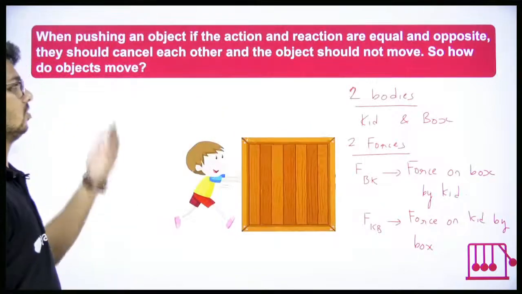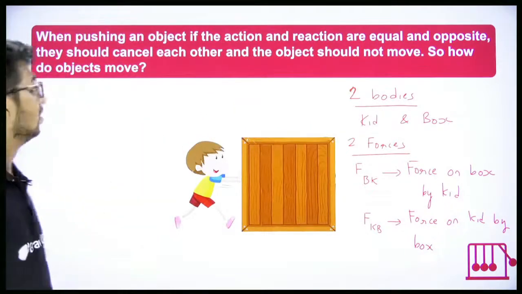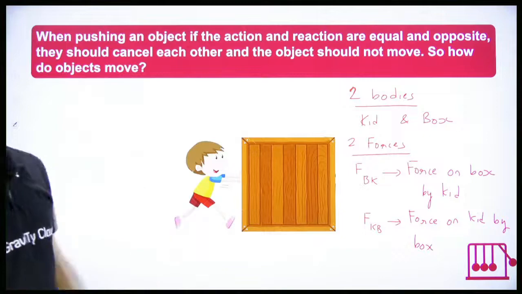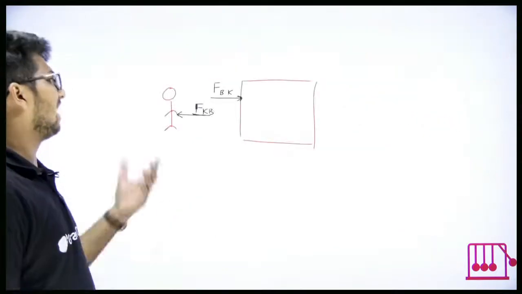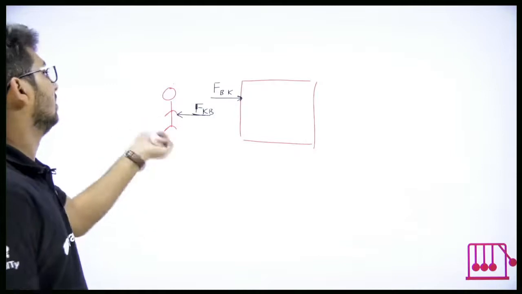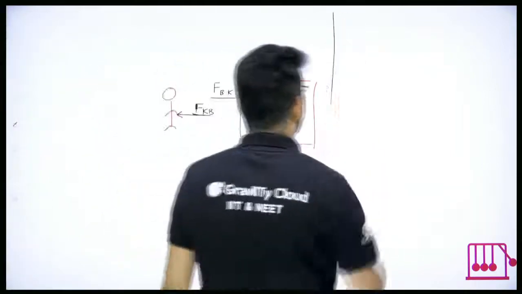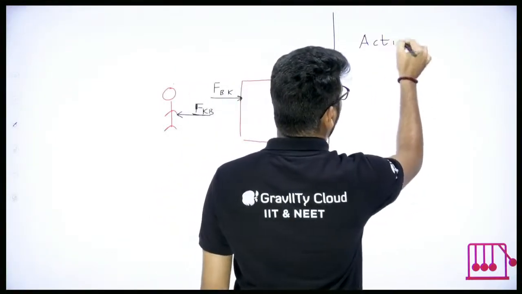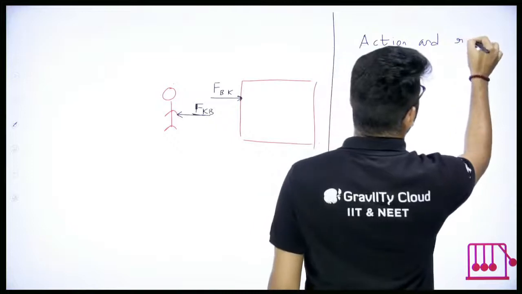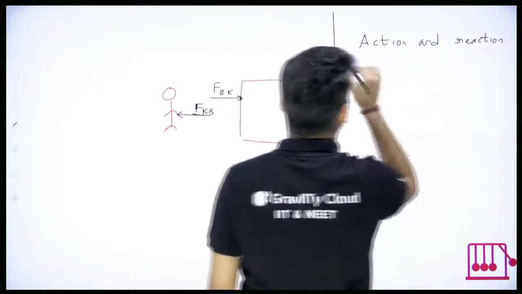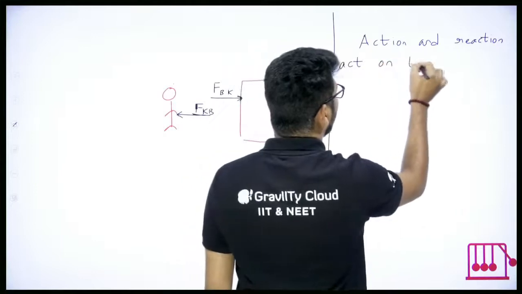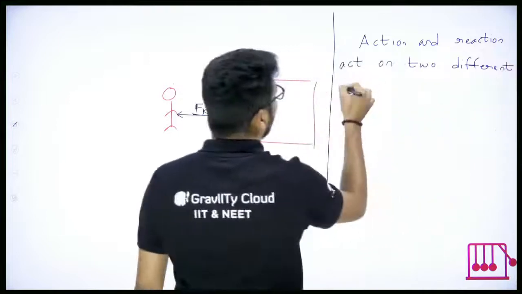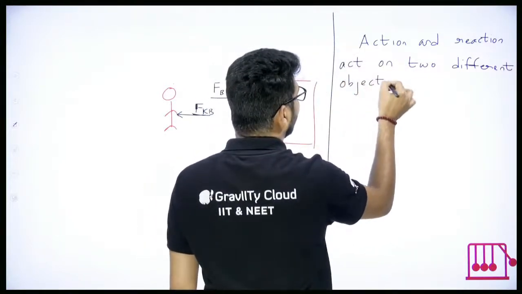Right. So what is the main reason? The main reason is the reasoning in the question itself is wrong. According to the question, action and reaction are equal and opposite, so they should cancel each other, but that is wrong. They do not cancel each other. Why? Because they are acting on two different bodies. I told you that is one very important point: action and reaction act on two different objects.